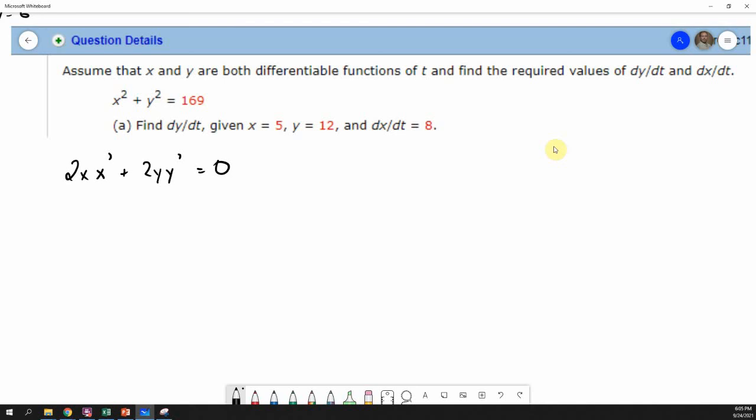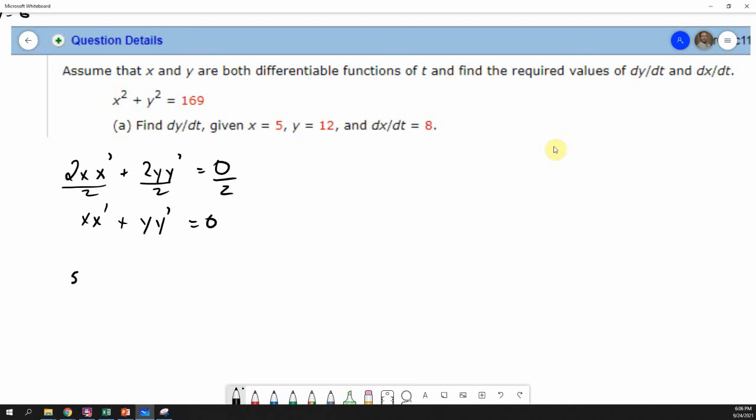So notice I can divide the 2 out. If I divide this by 2, divide this by 2, and divide this by 2, I get x dx dt plus y dy dt equals 0. Now, it wants us to find dy dt given that x equals 5, y equals 12, and dx dt equals 8. This is actually even easier because they give us x and y.